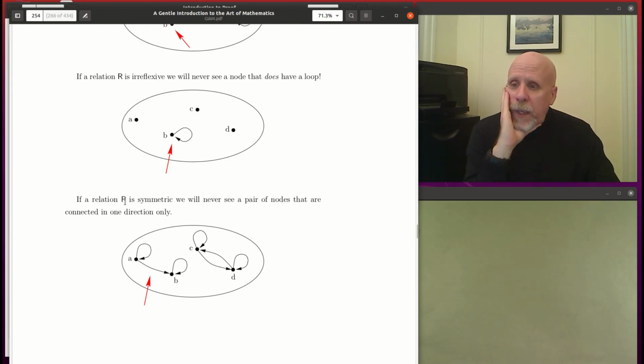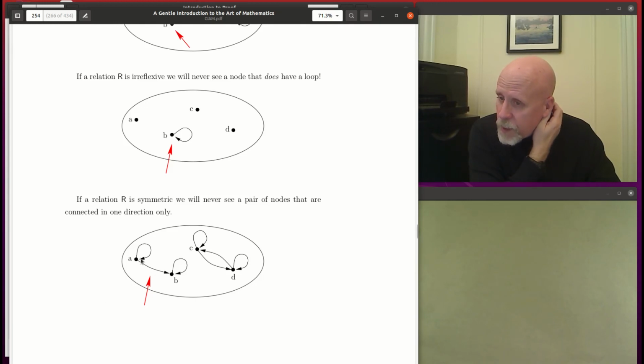Okay, you're symmetric if whenever you see a pair of nodes that are connected, they're connected in both directions. So this is what you don't see. You don't see something where there's a one-way connection between A and B. See how C and D have the two-way connection? They're all good for the symmetry property.